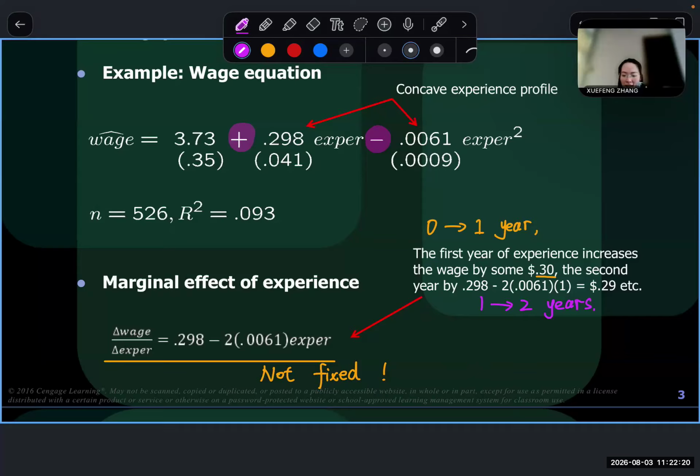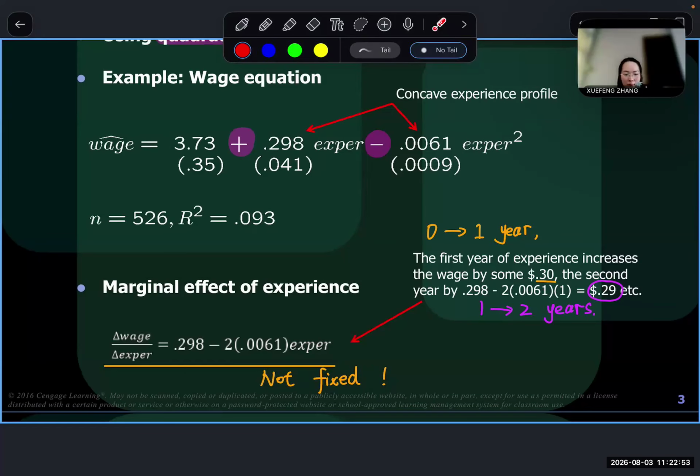The effect is now, you plug in 1 in this marginal effect, you get 0.29. Which means, compared with more experience of working, actually the marginal effect is decreasing, right? From 0.3 to 0.29. So a bit smaller.